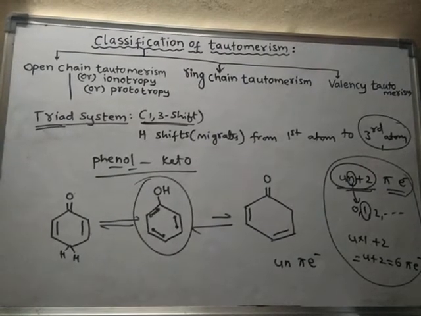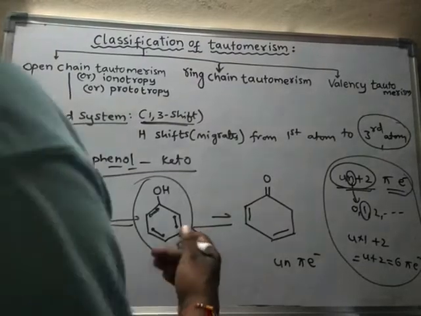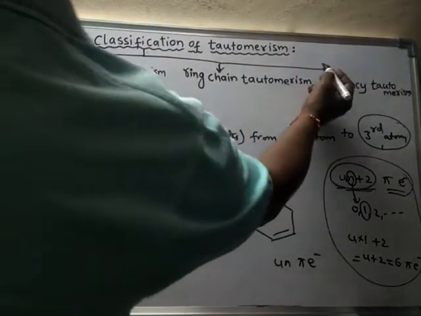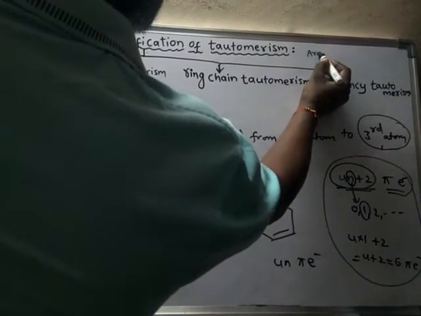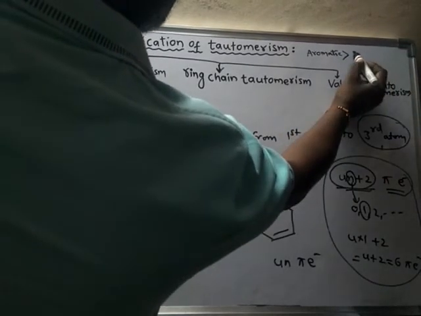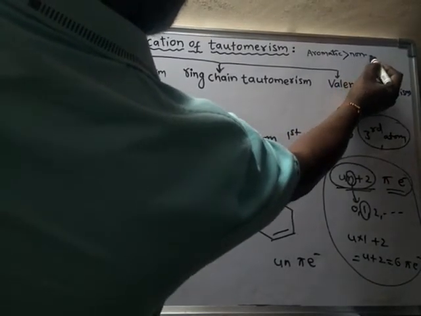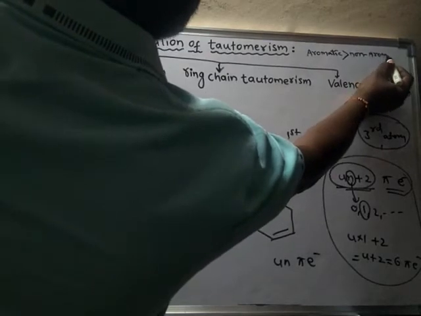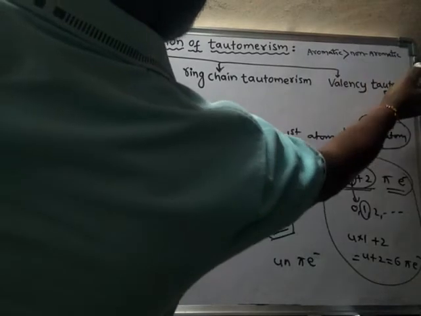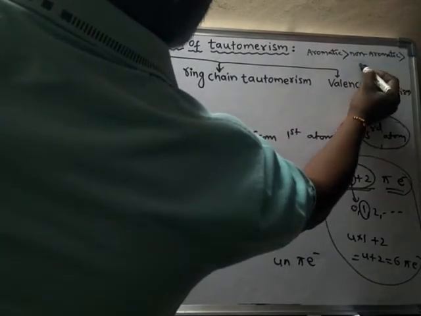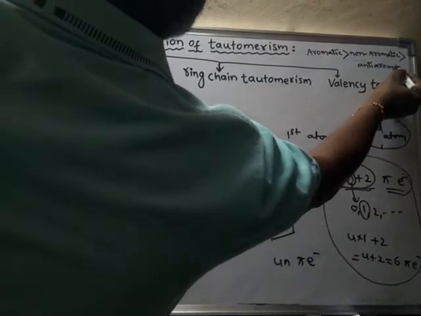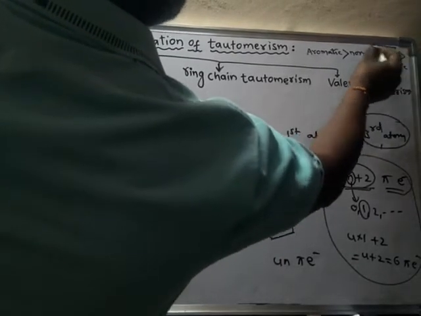Anti-aromatic is the least stable form. See, actually, organic compounds are generally classified into three types: aromatic, which is most stable; non-aromatic, which is intermediate in stability; and anti-aromatic, which is the least stable form.